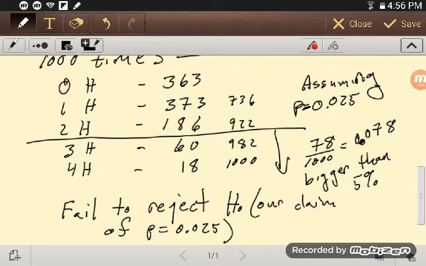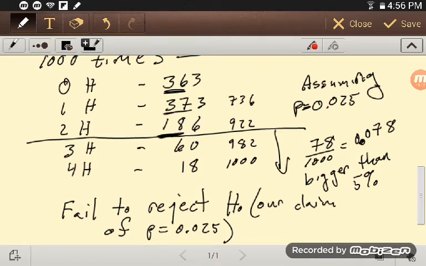And here's our distribution. We would expect somewhere around 36% of the time to have no defects show up. Around 37% of the time have one defect show up. About 19% of the time have two defects show up.